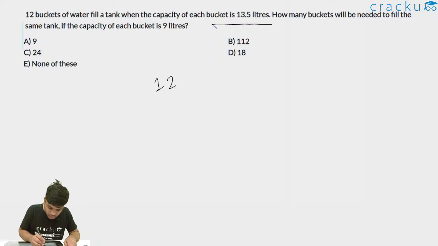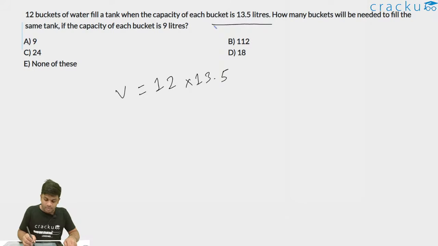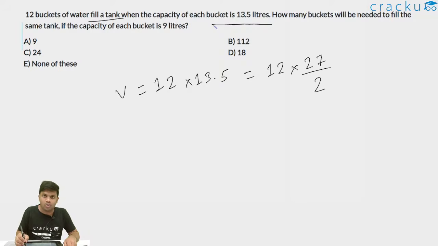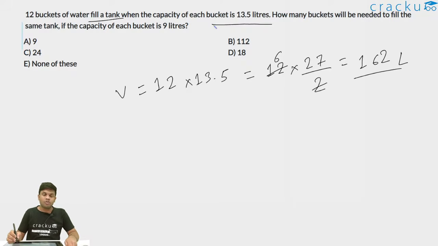So the volume of the tank will be 12 into 13.5, because there are 12 buckets and the volume of each bucket is 13.5 and they are filling the tank. 13.5 can be written as 27 by 2, so 12 into 27 by 2. 12 and 2 will cancel out 6 times, and 27 into 6 will be 162 liters. So the total volume of the tank is 162 liters.